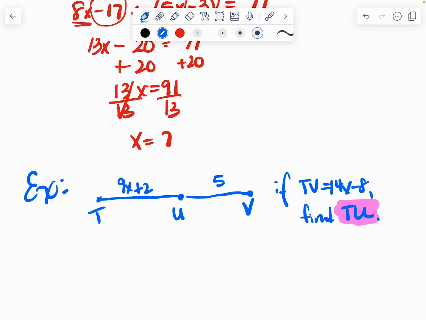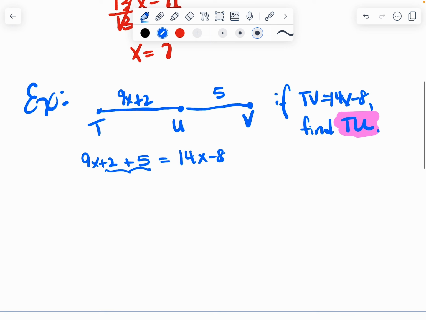So 9x plus 2 plus 5 equals TV, the whole thing, which is 14x minus 8. First, combine like terms. We just spent some time doing that. Don't forget to do that step. So that I get 9x plus 7 equals 14x minus 8. Then we subtract 14x from both sides because I like my variables on the left.